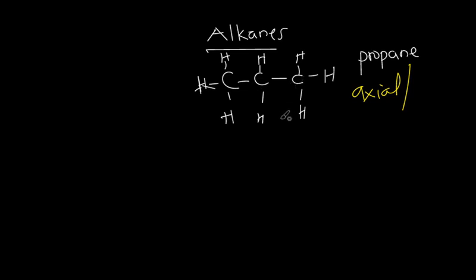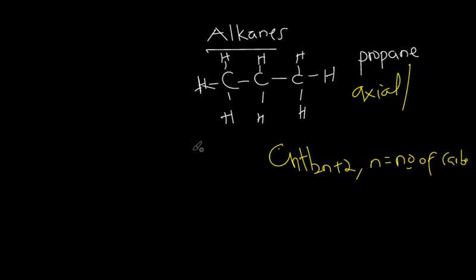So alkanes are saturated hydrocarbons, like I said, and they have the general formula CnH2n+2, where n is the number of carbons. So let's have, for instance, an alkane with 1 carbon, which implies n is equal to 1.